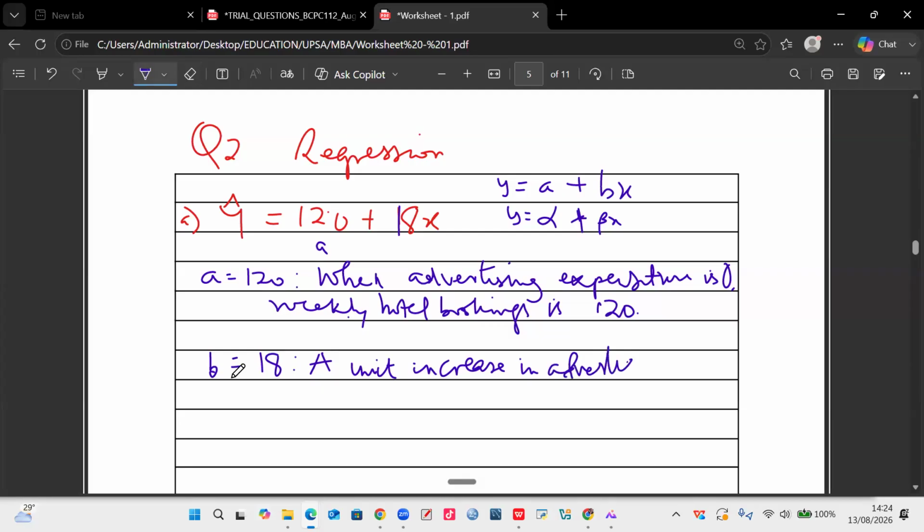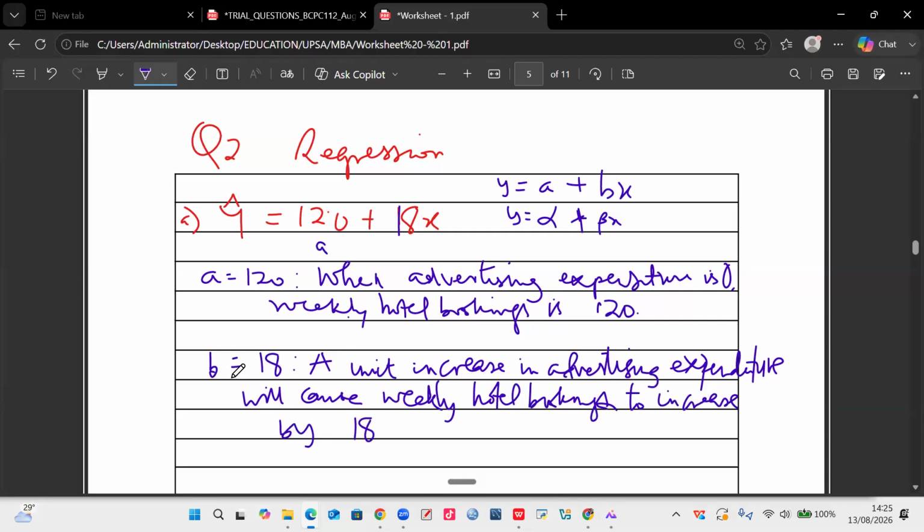In advertising expenditure will cause Y, the Y is the weekly hotel bookings, will cause weekly hotel bookings to increase by 18 units on average.